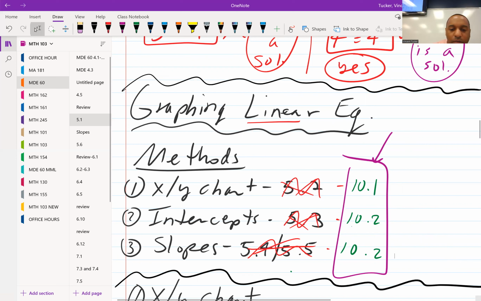I thought for sure that was 10-3, but graphing linear equations, slope, 10-2. All right, well, let me switch that up. I don't know, 10-2, 10-3, 10-4. What if I had 10-1, 10-2, 10-2? That must have been from another book. I don't know what's going on. Anyway, it's 10-2, 10-3, and then 10-4.